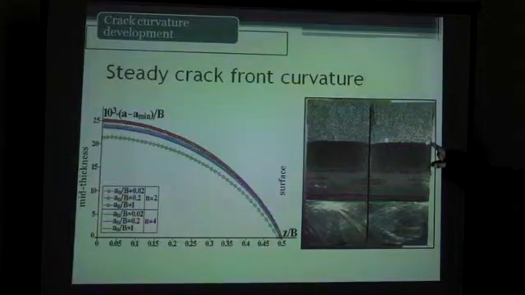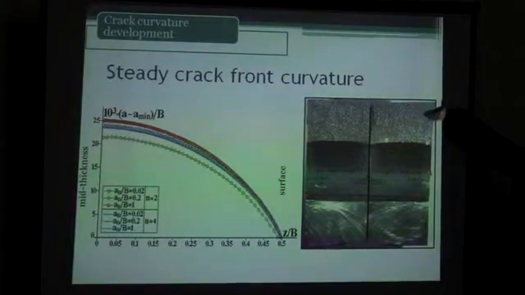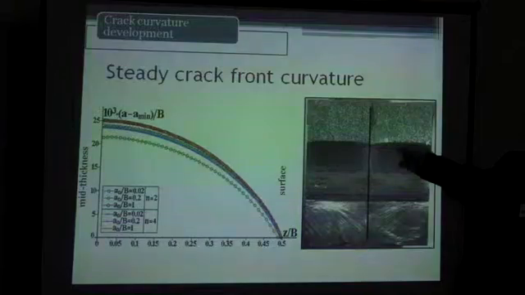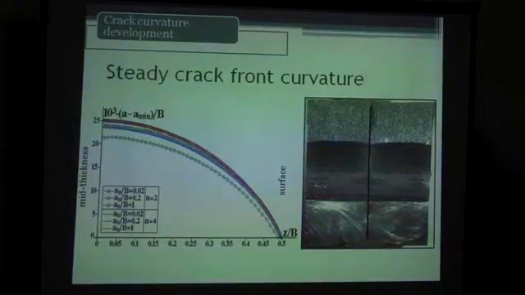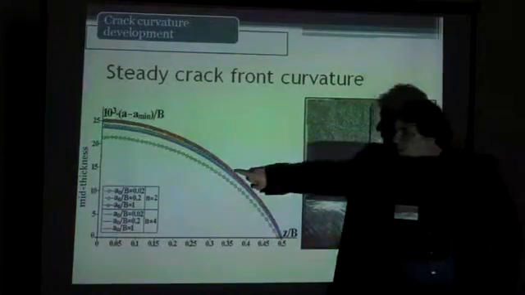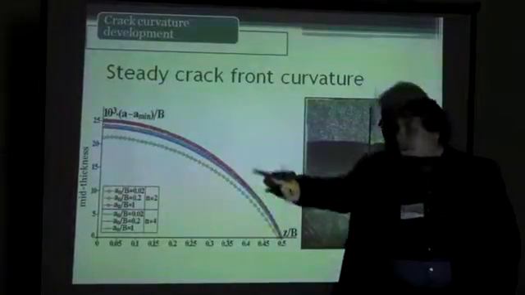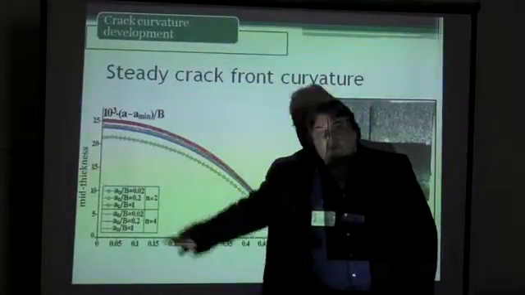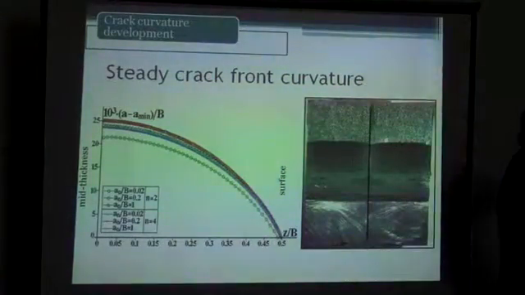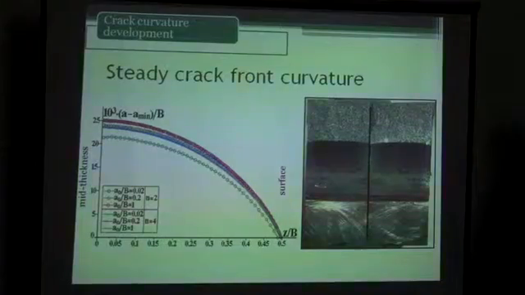Because if you assume that in the steady state all these points will have the same driving force, then you can find out which driving force it is. Is it delta K? Is it delta K effective from crack closure? Which one of them? So actually this tunneling effect was for the Paris' law with exponents 2 and 4 that we simulated. It depends only on the exponent of Paris' law.